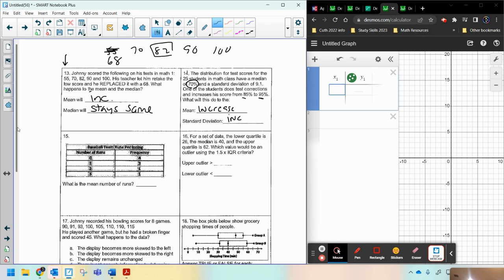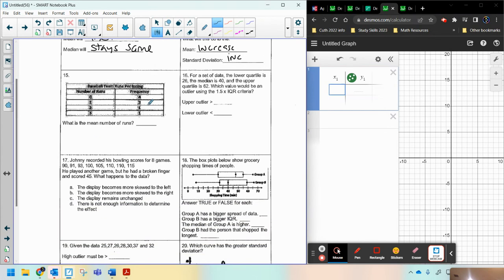All right. Number 15. Baseball team runs per inning. They scored 0 runs 4 times. So that means 0, 0, 0, 0 is what we have to do there. They scored 1 run 3 times. Okay, 1, 1, 1. They scored 2 runs 1 time and 3 runs 1 time. So they want to know the mean number of runs.